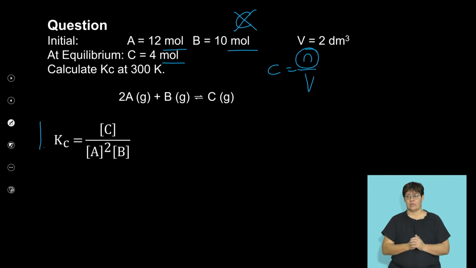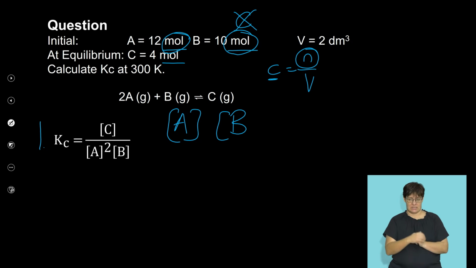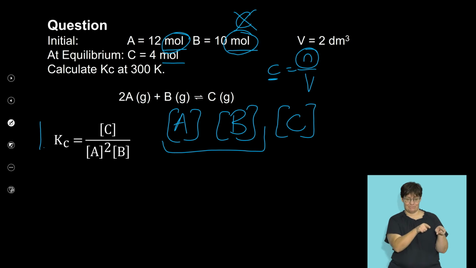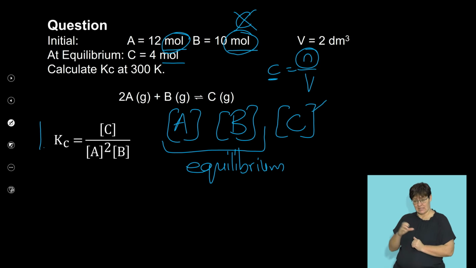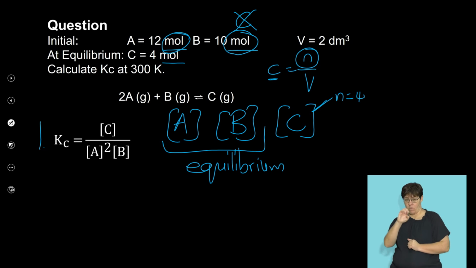Then, because we're working with mole, we will now first have to work out the concentration of A, B, and C, but these concentrations, we need to work out what is the concentration of this at equilibrium. Now, we were told that the number of moles here is 4 moles at equilibrium. Right.